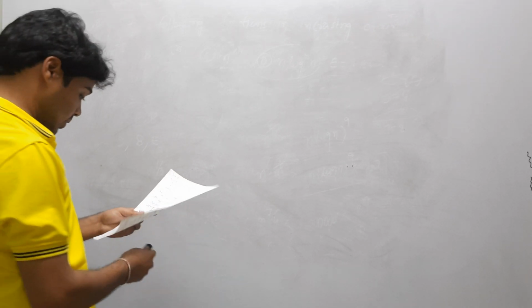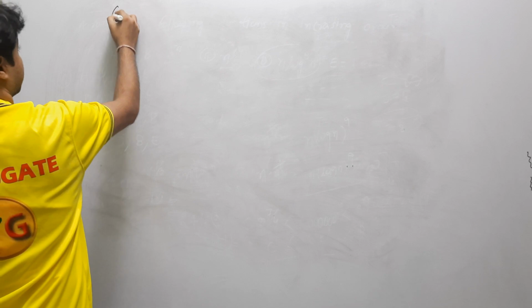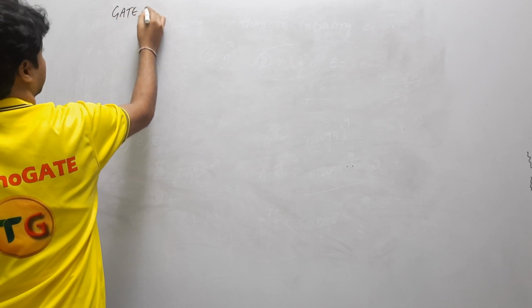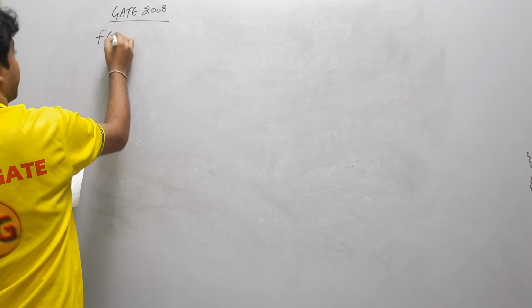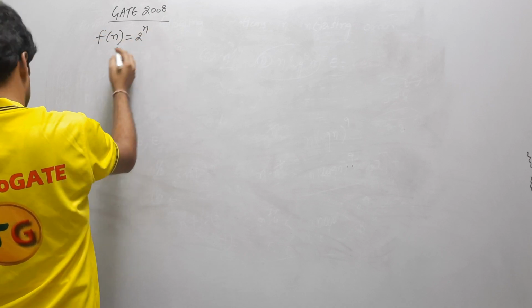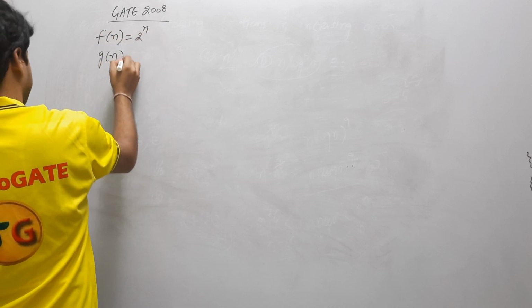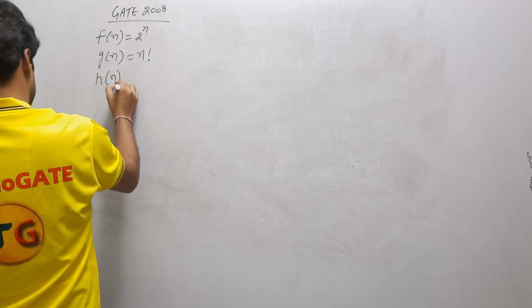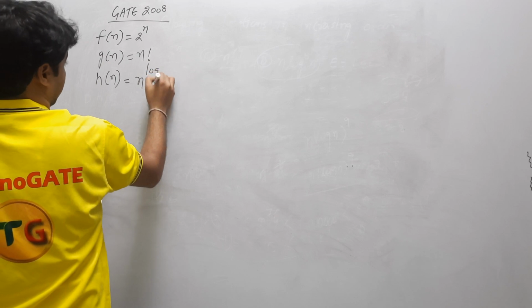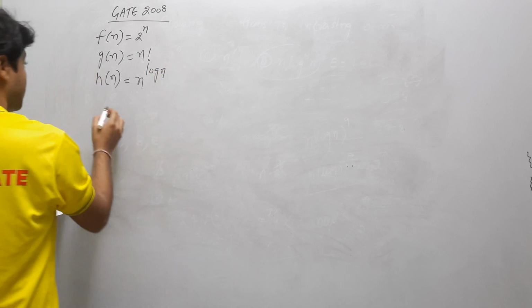This is a GATE 2008 problem. F of n is 2 raised to power n. G of n is n factorial. H of n is n raised to power log n. So which one is true?